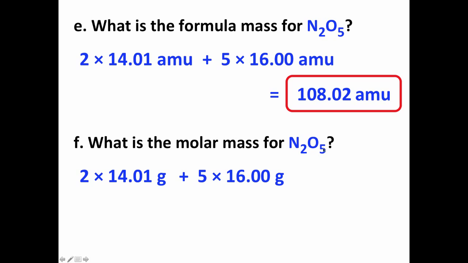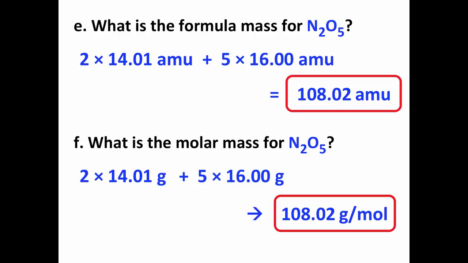And then each mole of N2O5 contains 5 moles of oxygen, so 5 times the mass of oxygen per 1 mole, which is 16 grams, add up to 108.02 grams, and that is the mass of 1 mole of dinitrogen pentoxide. And we normally state the molar mass as a grams per mole value, so we would say the molar mass of N2O5 is 108.02 grams per mole.